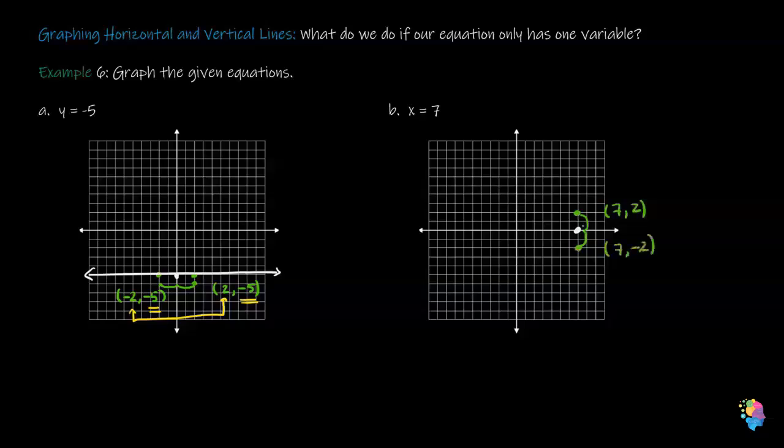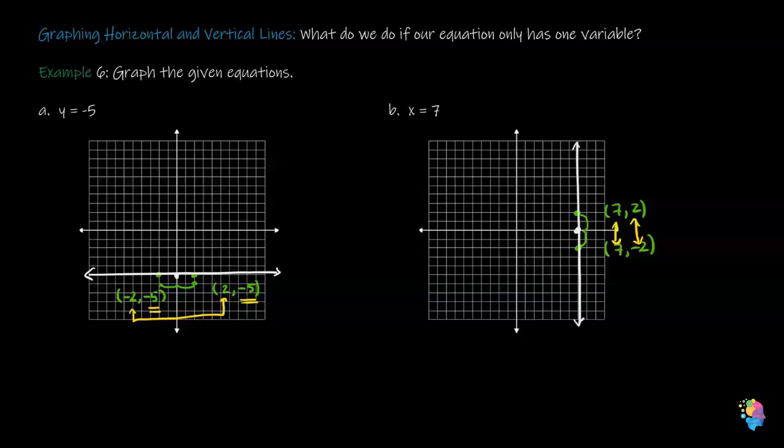This time, by moving up and down from the point, the y's change, but the x's remain the same. The x will continue to be a 7. That means for us that since we're not allowed to move left or right because the x's change, but if we move up and down, the x's remain the same, our graph will be a vertical line.